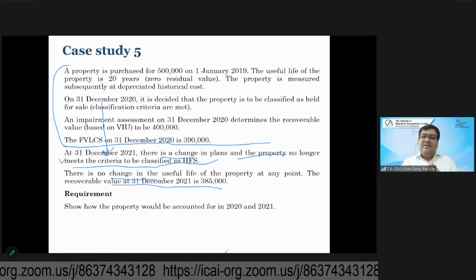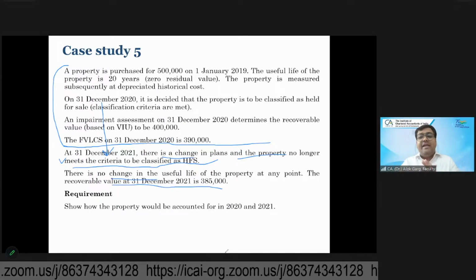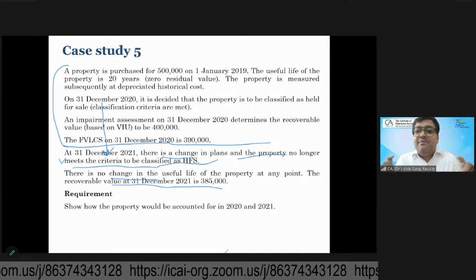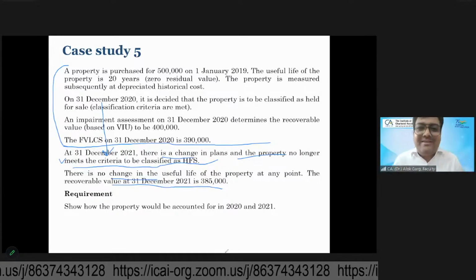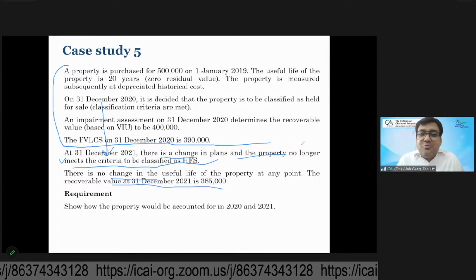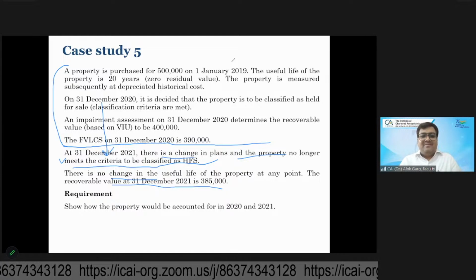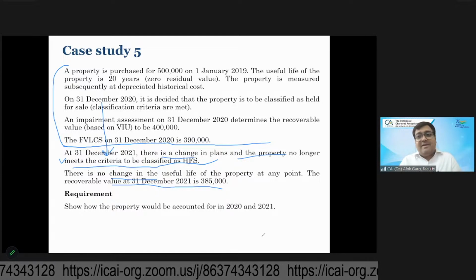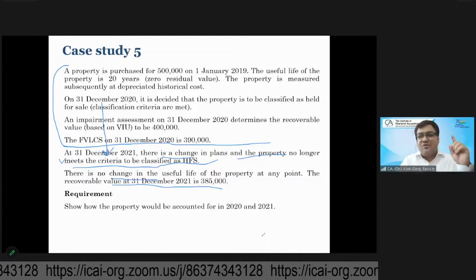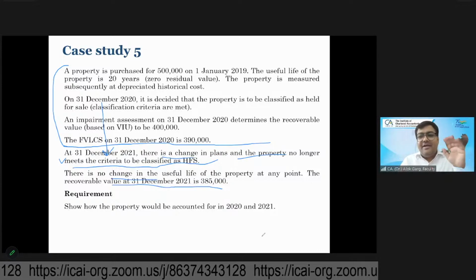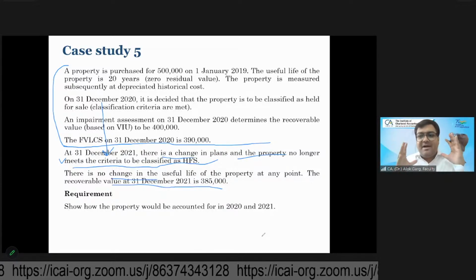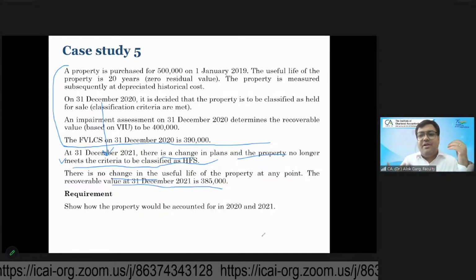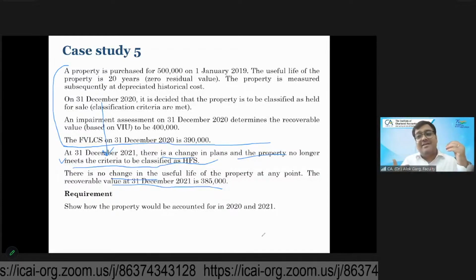Tell me, if this asset had never been held for sale, what would the carrying value have been on 31st December 21? And here the students make the error. Like Abracase, what Abracase has done, 5 lakh was the cost on 1st January 2019. It's been 3 years, which has already passed, so he has charged 25,000 rupees depreciation every year.